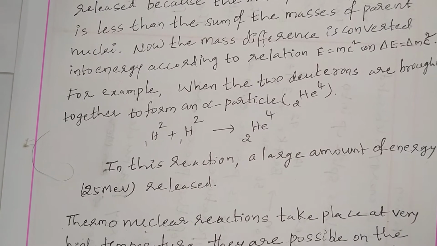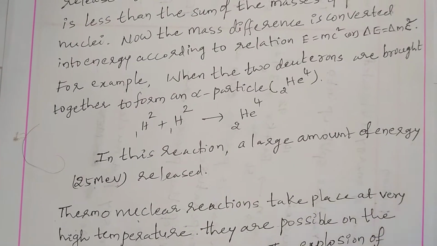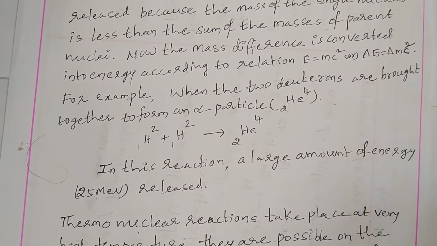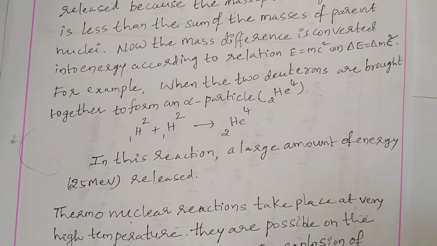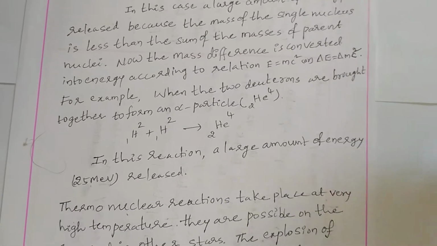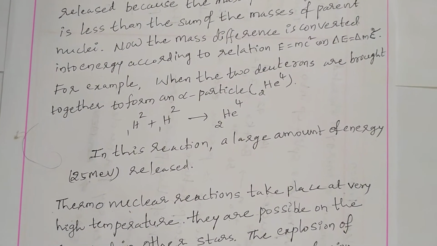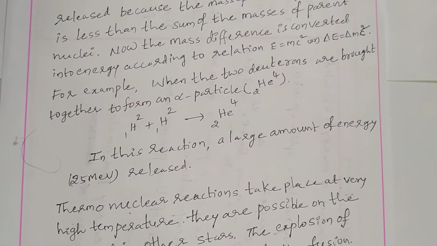A hydrogen bomb works on this principle. The stars are able to control the nuclear fusion reactions because they have high self gravity. So that is the reason.